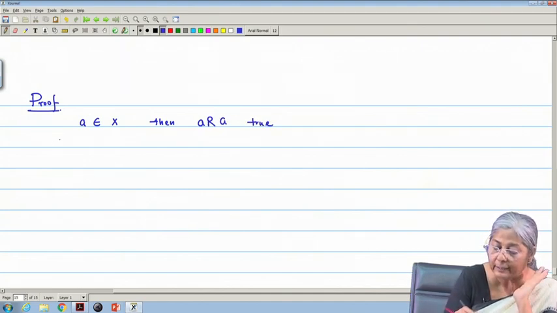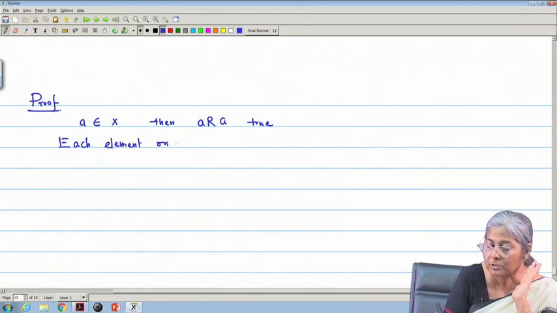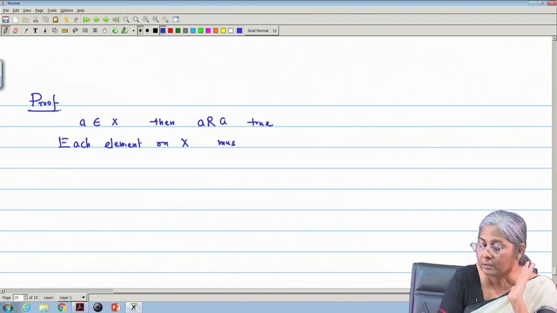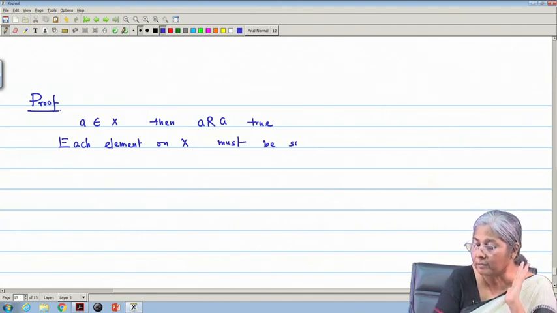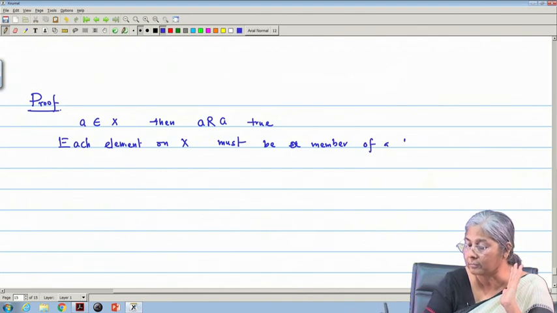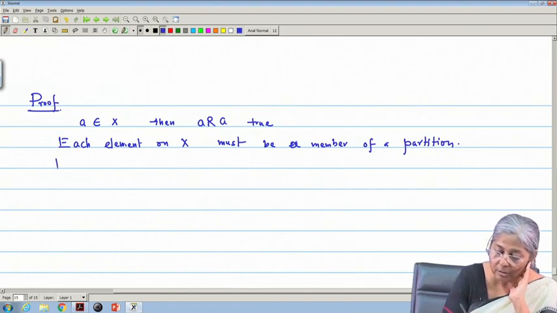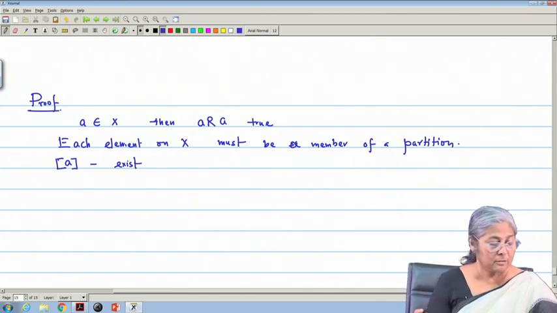So, first thing we can tell is that each element of X must be a member of some part of the partition, because A R A, that means this [A] exists. So, it is a member.